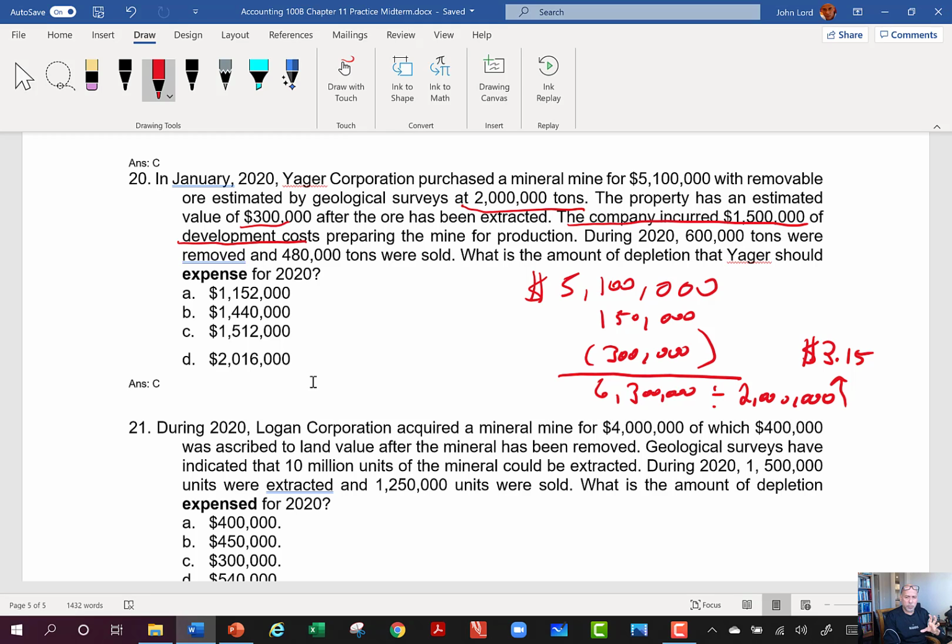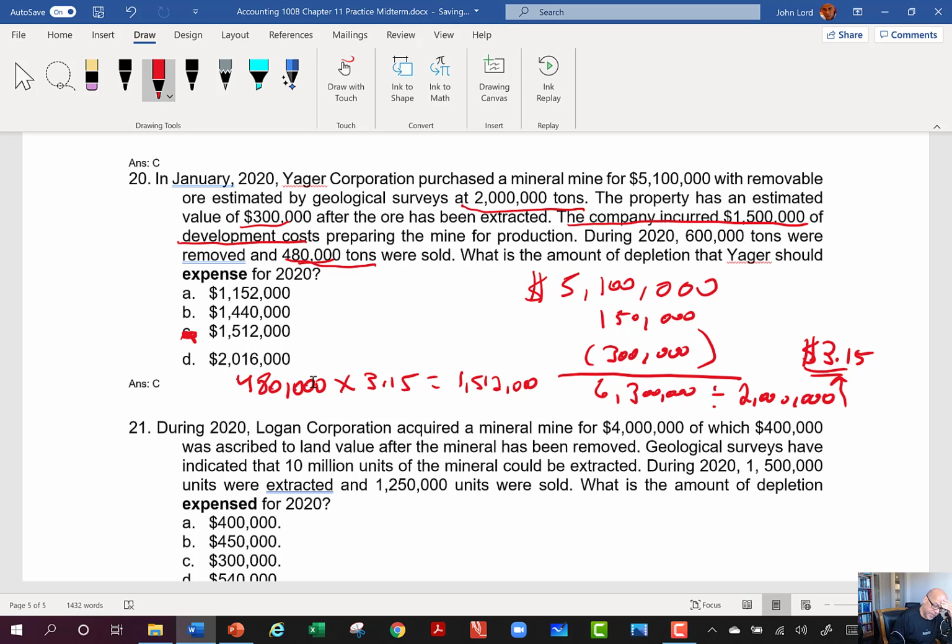Okay, so the book calls it expense. That means we have to take this 480,000 and multiply it by the amount per ton that we just calculated, $3.15. When I do the math on that, that gives me $1,512,000.